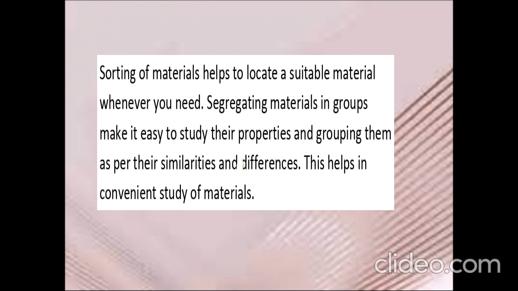For this reason we are sorting the materials, right? Segregating materials in groups makes it easy to study their properties and grouping them as per their similarities and differences. This helps in the convenient study of materials.